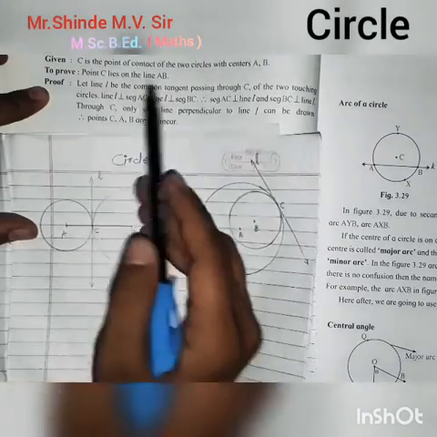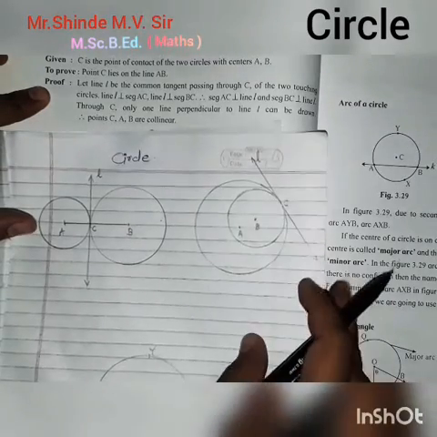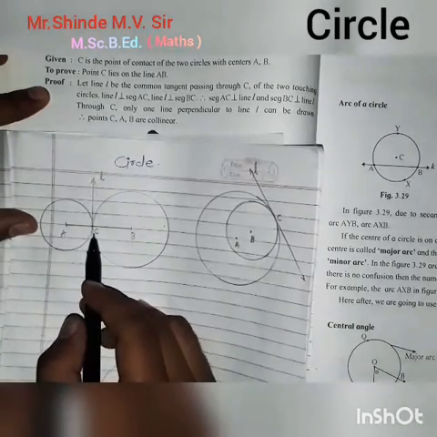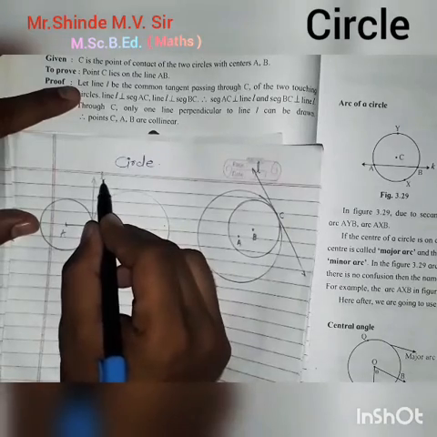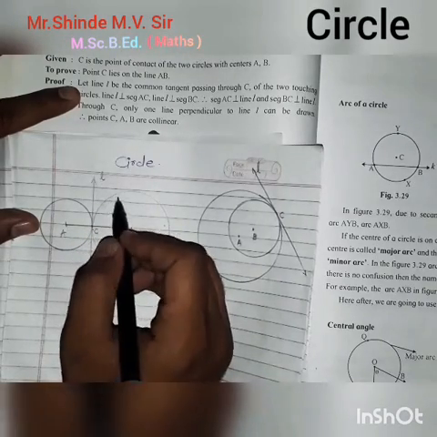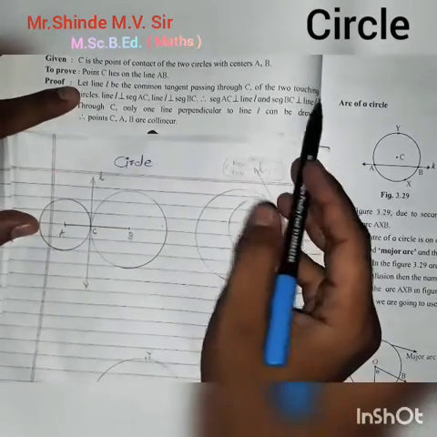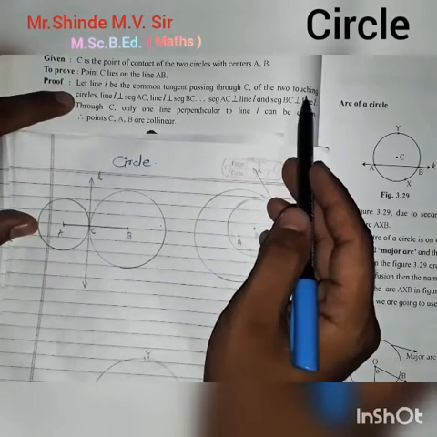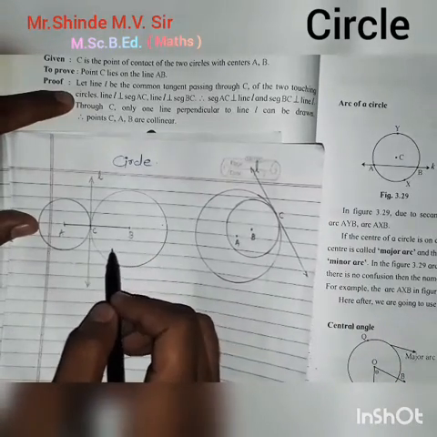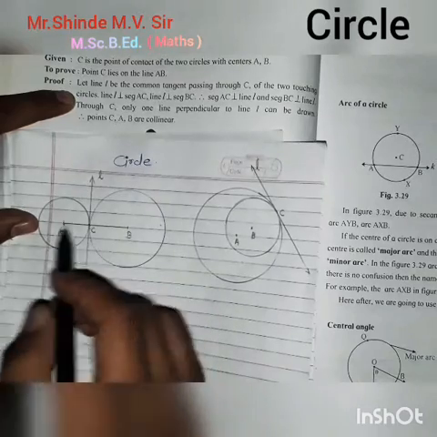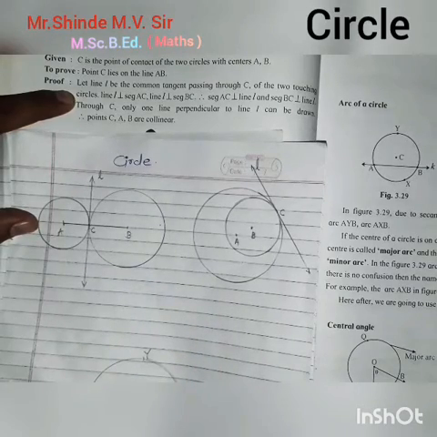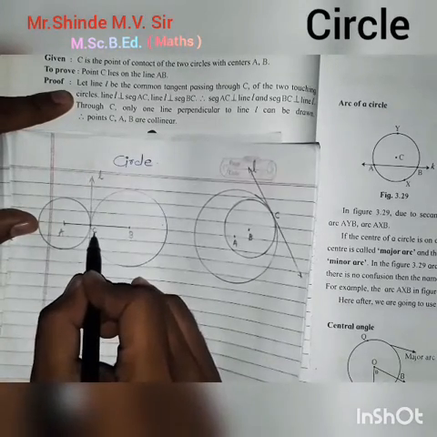Let line L be the common tangent passing through C, the unique point of contact of the two touching circles with centers A and B.